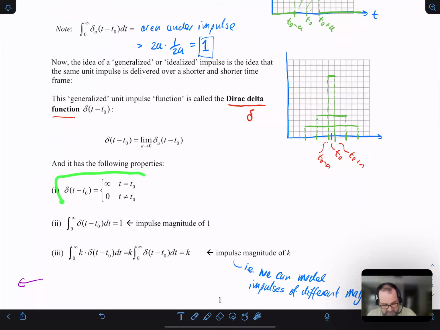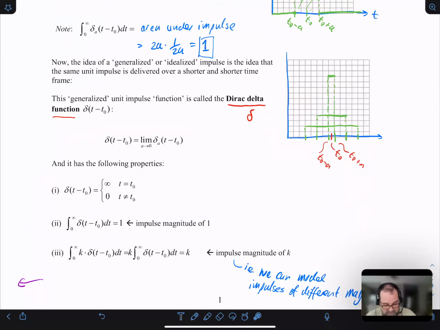One, it is a unit impulse delivered over an infinitesimally small interval, hence having a height that goes to infinity. Most books just include these two properties. I've thrown in a third property, which is fairly obvious, probably why books don't usually include it.